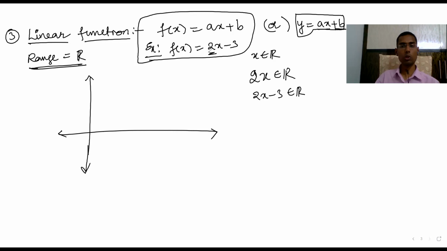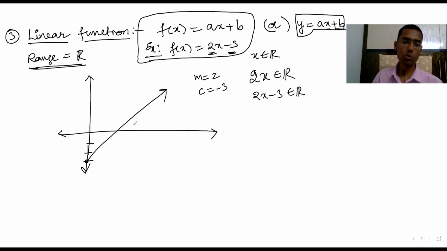C is minus 3. So the y intercept is minus 3. Like this. M is 2 means it is an acute angle. Tan theta is 2. Tan theta is 2 means what?